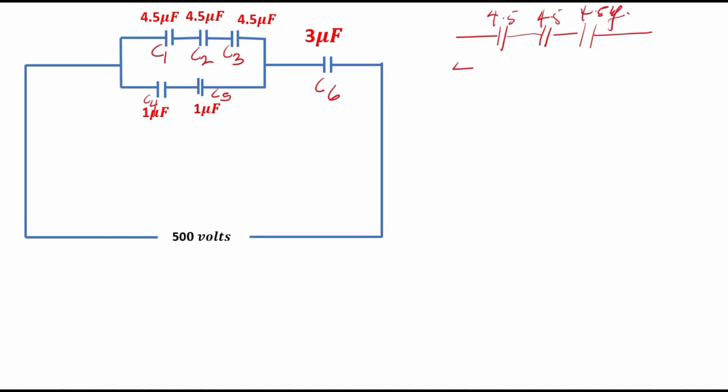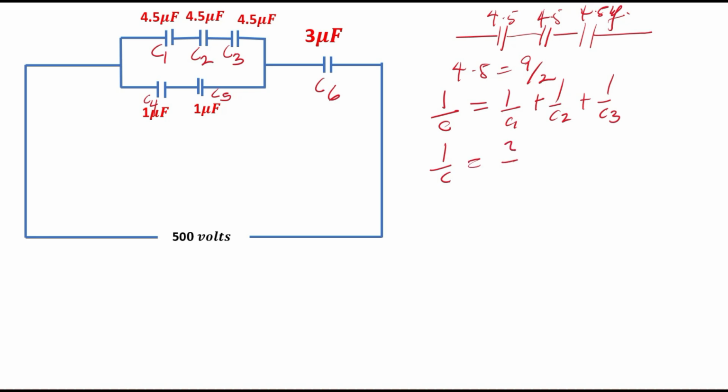Now 4.5 is the same thing as, I prefer to convert it to an improper fraction, 9 over 2. Now 1 over C for this series capacitance will be the same thing as 1 over C1 plus 1 over C2 plus 1 over C3. I'll take the inverse of my 9 over 2, which is 2 over 9 plus 2 over 9 plus 2 over 9.